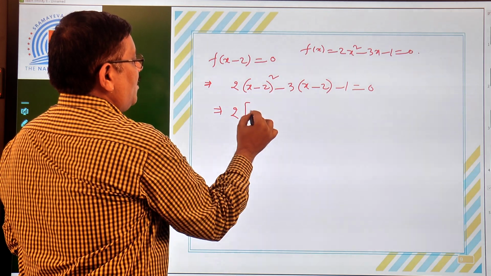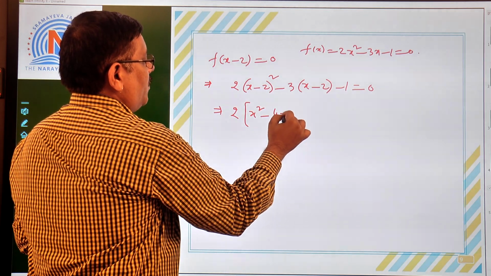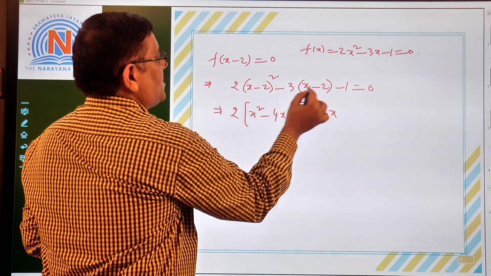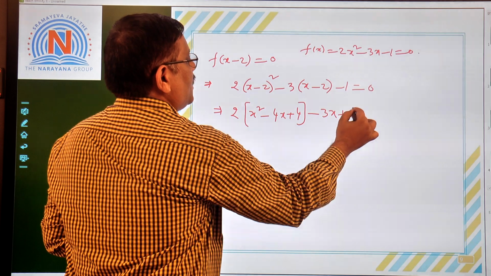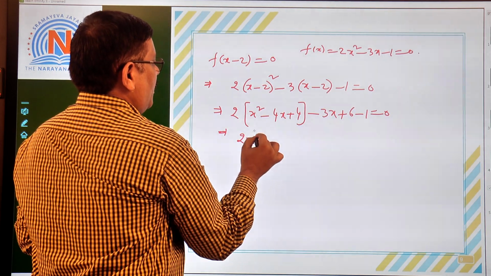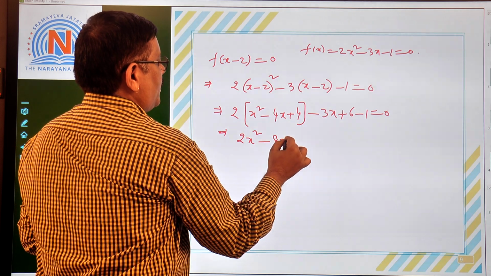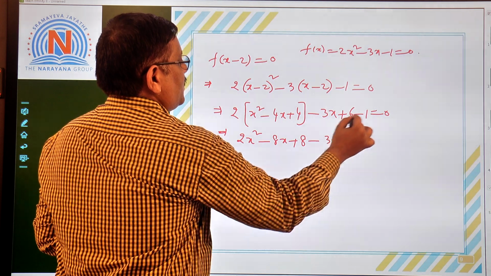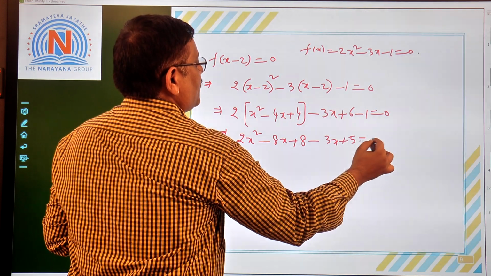It is 2 times of x square minus 4x plus 4 minus 3 times of x, minus into minus, that is plus, 3 2s are 6, minus 1 is 0. That is otherwise 2x square minus 2 4s are 8x plus 2 4s are 8 minus 3x plus 6 minus 1, that is of course plus 5 is equal to 0.